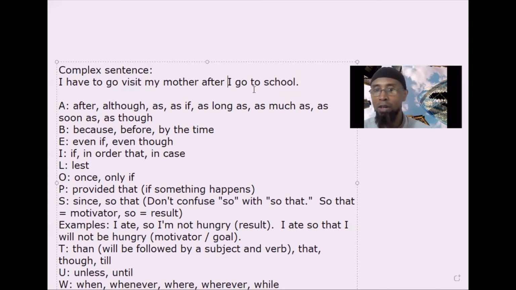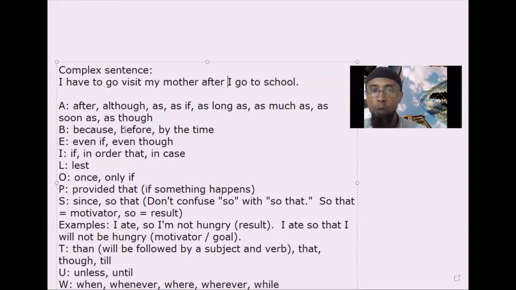So it creates a different type of relationship between the two sentences, but there is a relationship, an inseparable relationship, a complex relationship. All right, so you just have to know the meanings of these words so that you can use them properly in the way that you intend to.